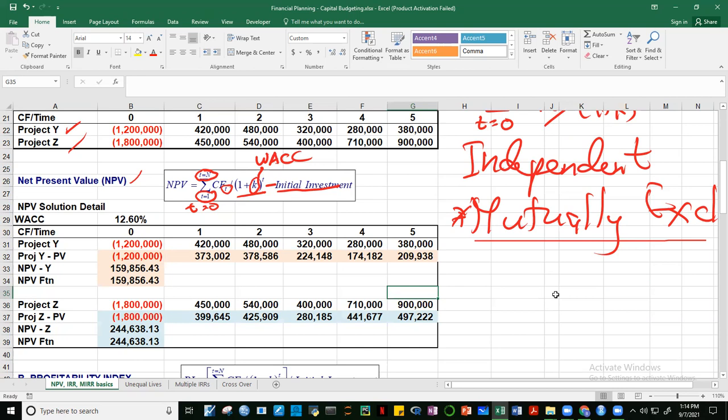There is a bias here in the cost: this one has 1.2 initial cost, this one 1.8. They are not the same, so we might have some repercussions if we decide on Z, because our decision is biased towards Z.